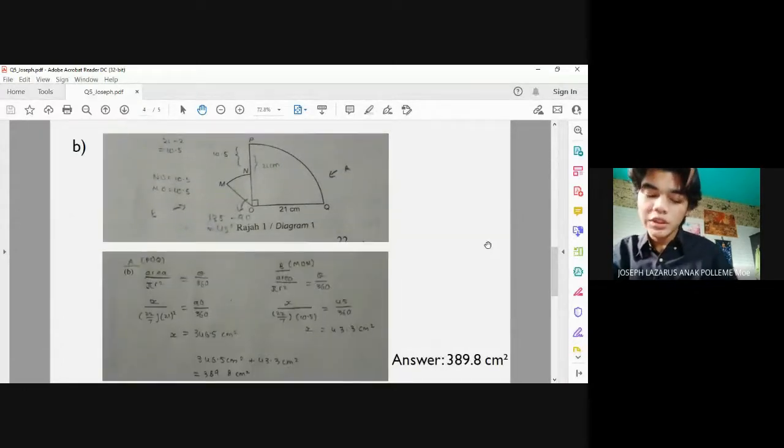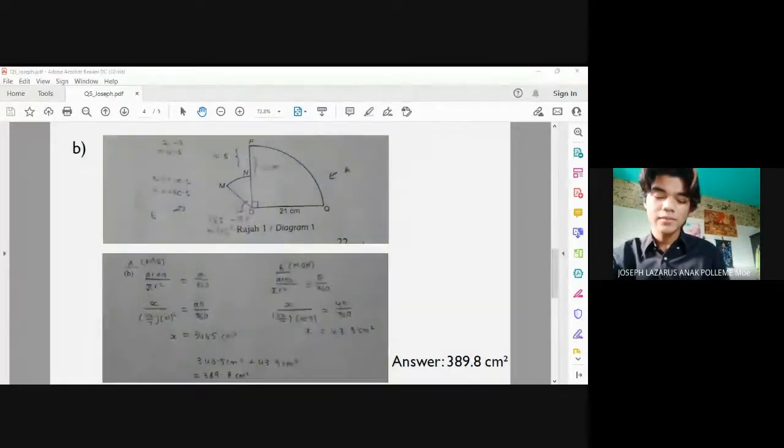The answer for question A is 83.25 cm. For question B, we can separate the diagram into 2 parts: POQ for part A and MON for part B.